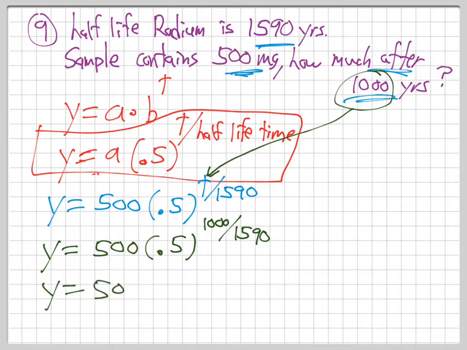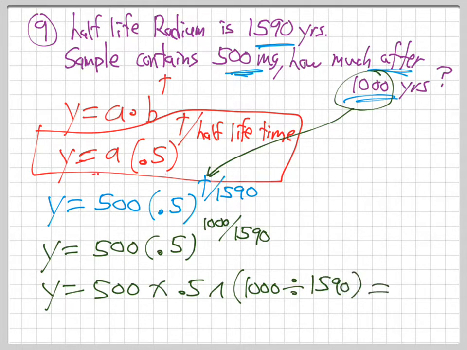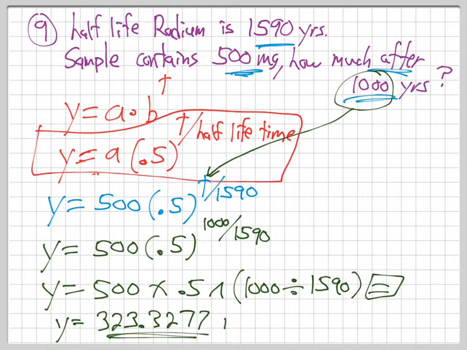It's going to be 500 times 0.5 to the power 1,000 divided by 1590 equals, I'll do it right now as well, and I'm getting 323.3277 to 4 places milligrams.